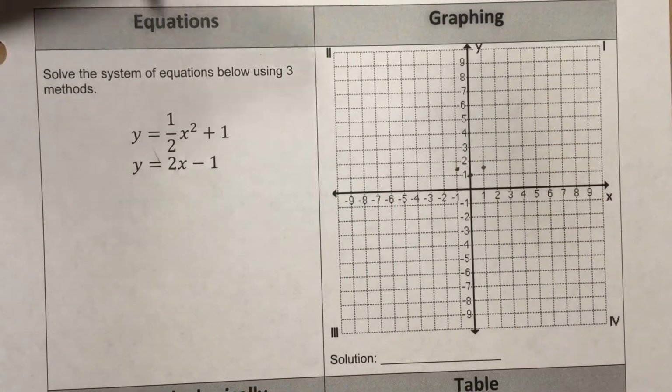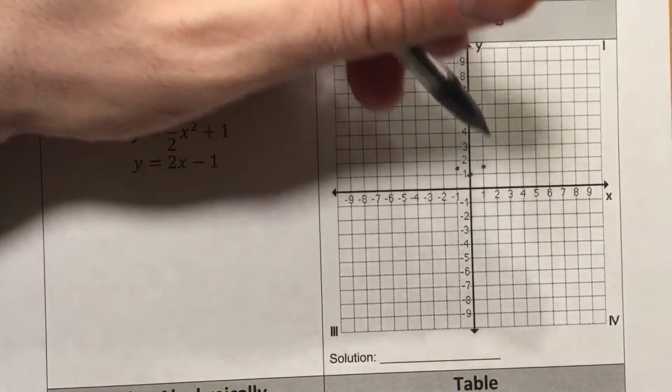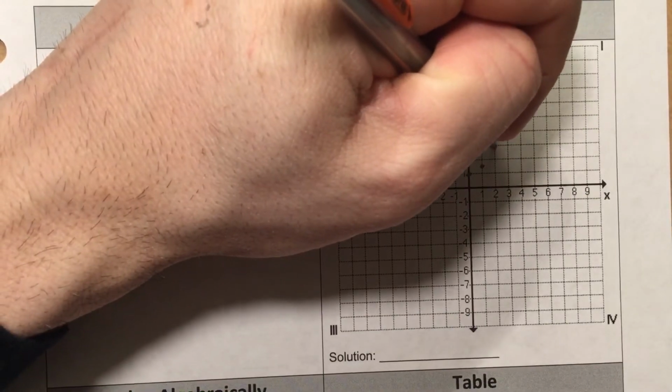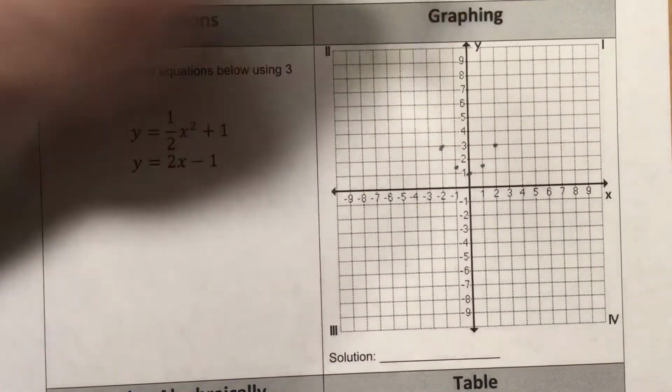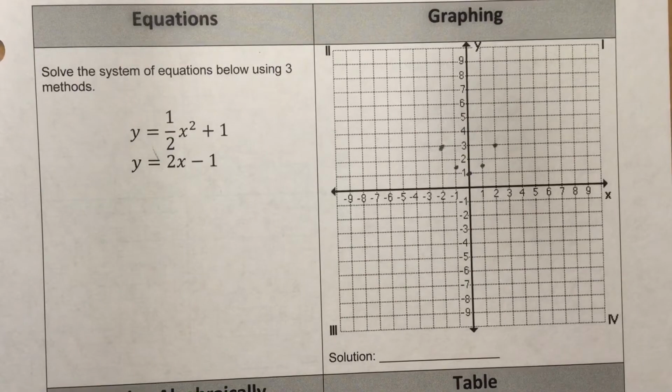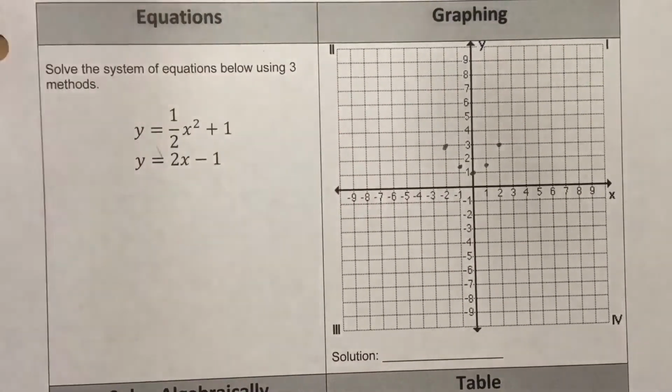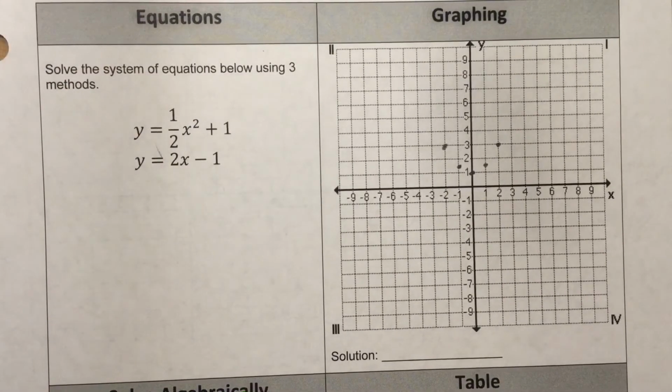Then 2 squared is 4. I normally go over 2 and up 4, but now I'm doing half of that, so I'm going over 2 and up 2 from the vertex, and left 2 and up 2. I am going to do a couple more points. Let's do my 3's. I normally go over 3 and up 9, but I'm taking half of 9, which is 4.5.